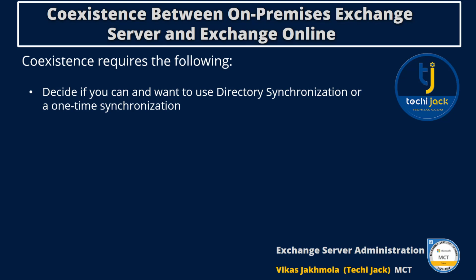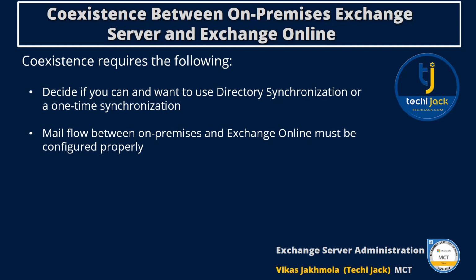It will be done through Azure AD. Directory synchronization is a very powerful tool. It allows you to stay in coexistence with Office 365 for a long time. And if you want to move to Exchange Online quickly, you can use a one-time sync and just create all users in Azure Active Directory and then switch over and shut down your local AD DS.